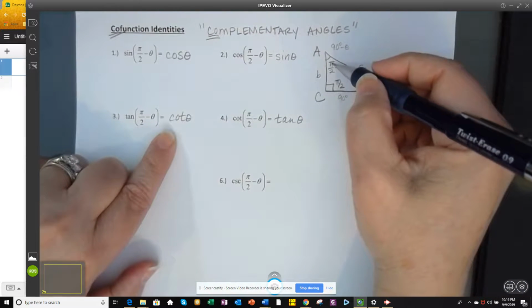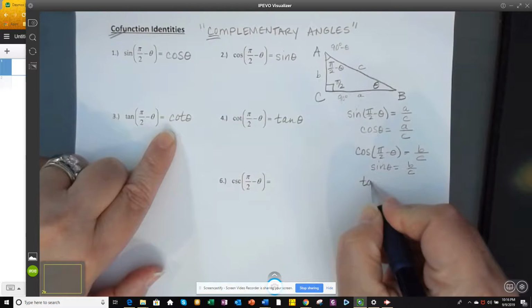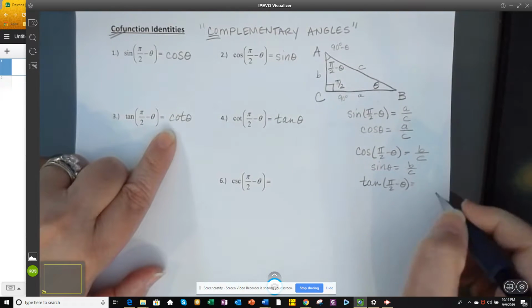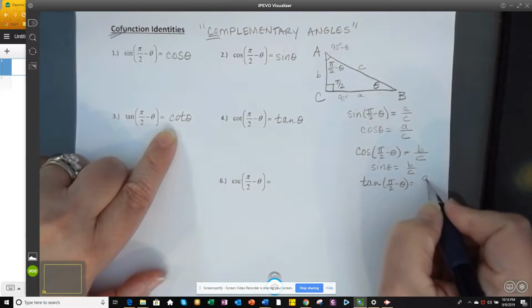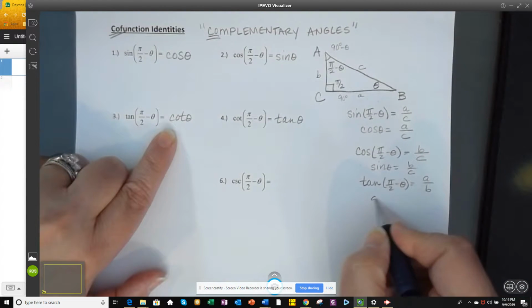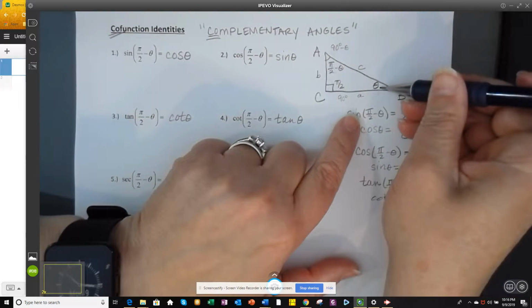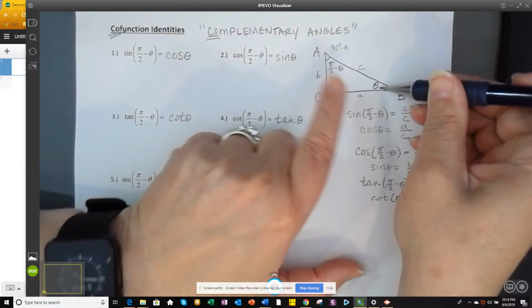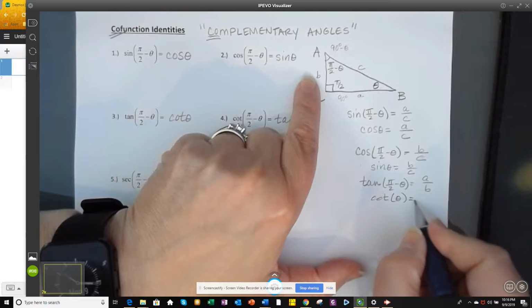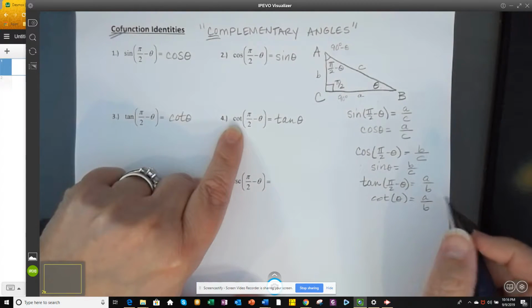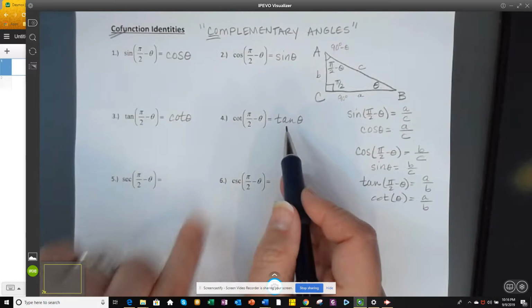Let's go over it just to make sure. Tangent of pi over 2 minus theta is equal to a over b. Well, what would the cotangent of theta be? Cotangent is going to be the adjacent over the opposite because it's the reciprocal. So it's going to be a over b. And then similarly, if you flip the angles, you'd get tangent theta.